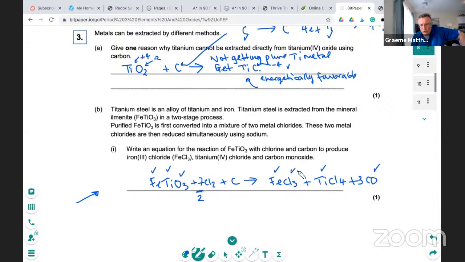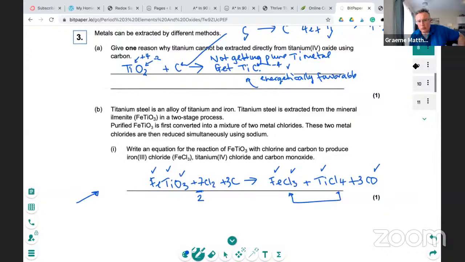So my chlorines are balanced, and it looks like I need a 3 in front of this one. All right, so why did they do this question? Well, simple, chemists, I just wanted to see if you can deal with fractional coefficients, okay? And the fact that chlorine is in 2 compounds on the right. Trying to catch you out there.